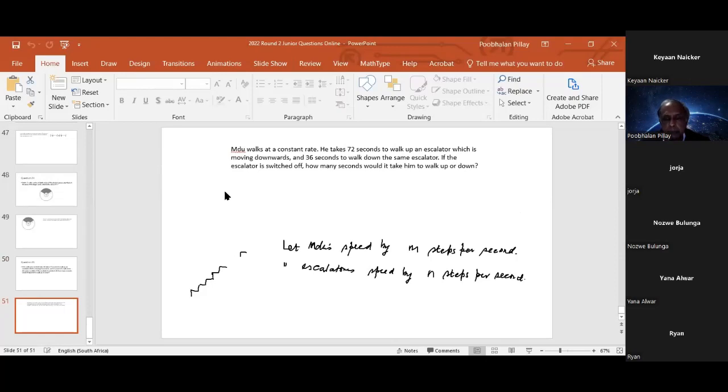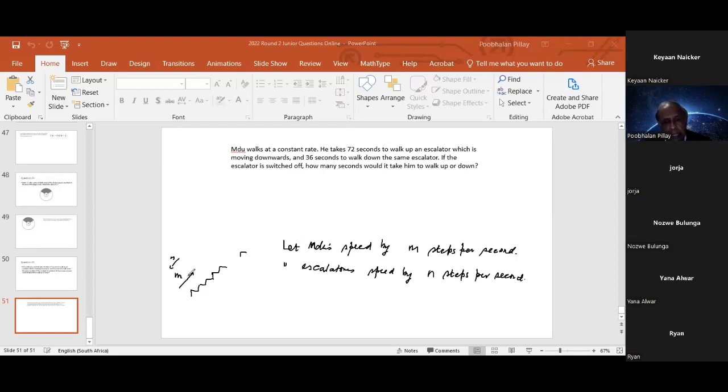Now when he's climbing up, it says that it takes 72 seconds to walk up the escalator. Now, how do you interpret that? When he is walking up, he is going m steps up, right? But the escalator is pushing him down by n steps.